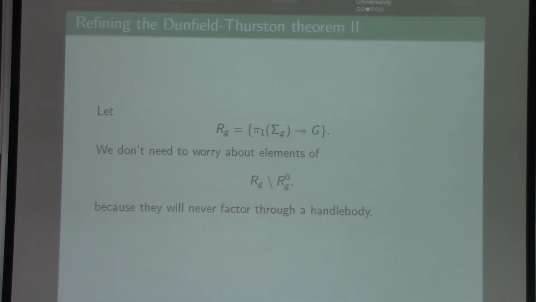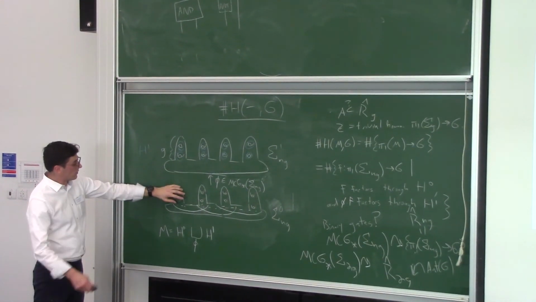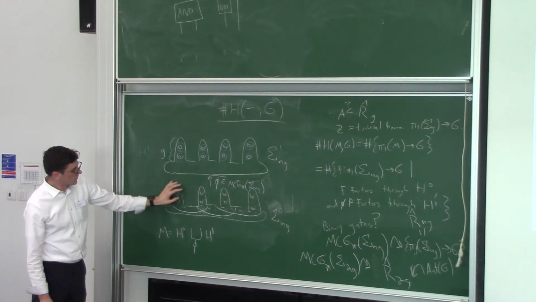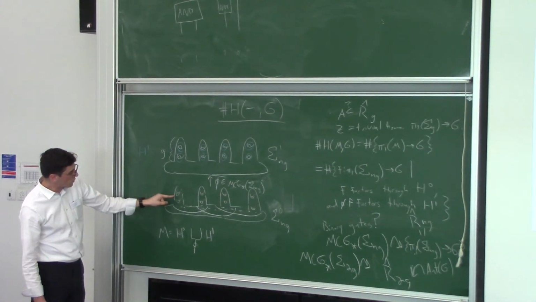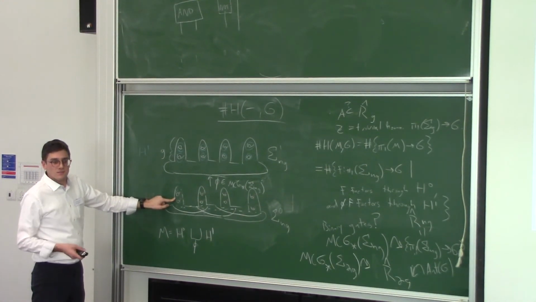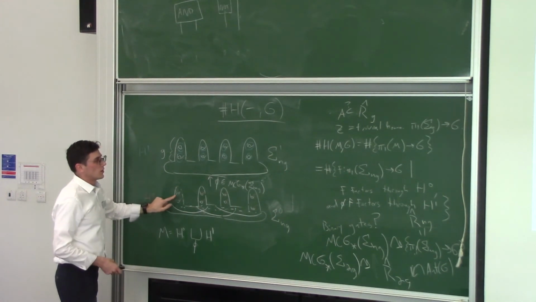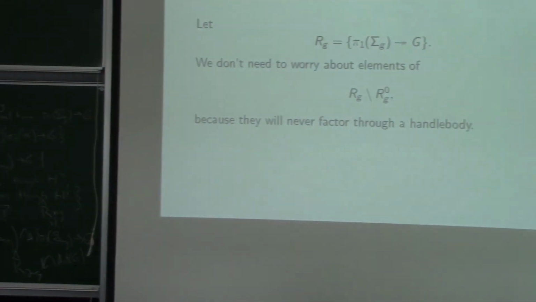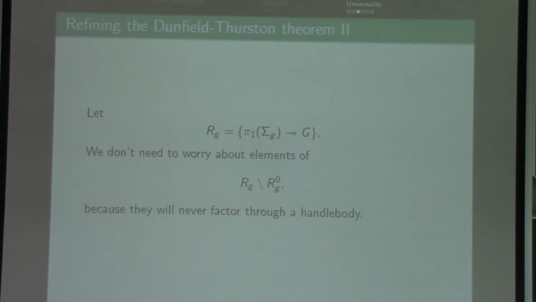If I have a map from this small surface that surjects onto G, and its Schur invariant, its homological invariant inside H_2 of G, is non-trivial, then that map can't possibly factor through that handlebody. If it did, it would be null-bordant, which is the same as null-homologous. So we only need to consider those maps that have trivial Schur invariant, and non-surjections.